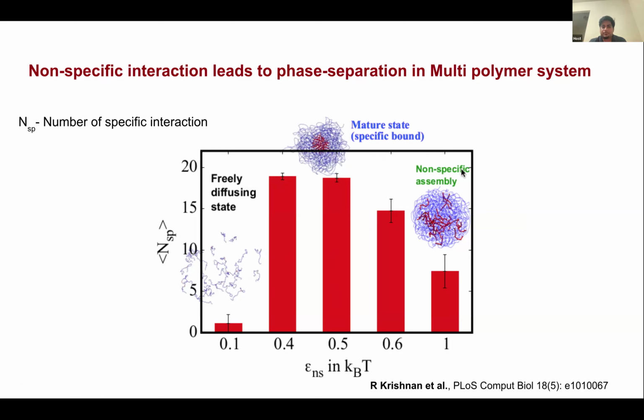When there is high non-specific interaction, the polymers come nearby, they get phase separated, and they don't reorient. They just get stuck like a non-specific assembly, like in the previous state. So this was observed in this 30 polymer simulation too.